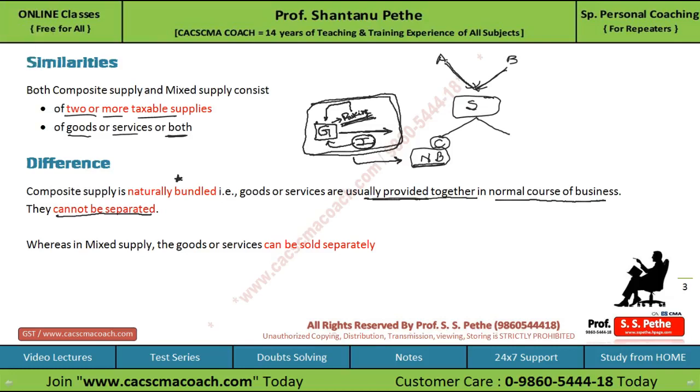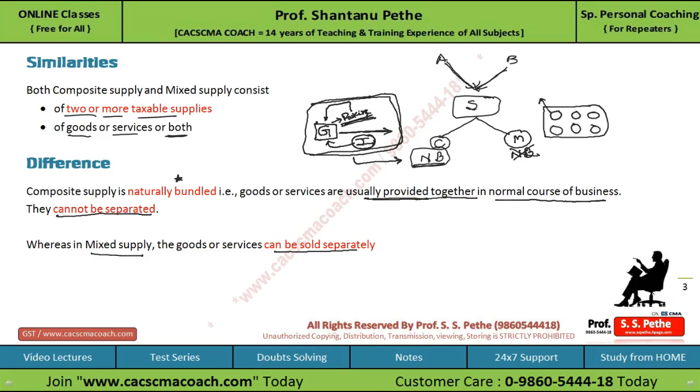Whereas in case of mixed supply, the goods and services can be sold separately. This is the main test: in case of mixed supply, you have to see that these are not naturally bundled. They are not naturally bundled; you have mixed them and supplied them together, and they can be independently sold. For example, there is a box in which different items are packed and supplied.